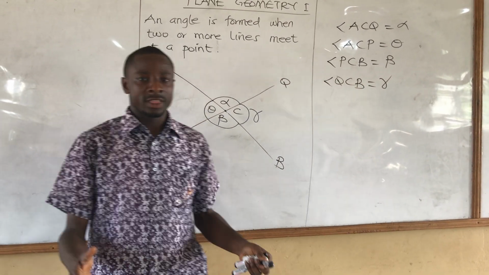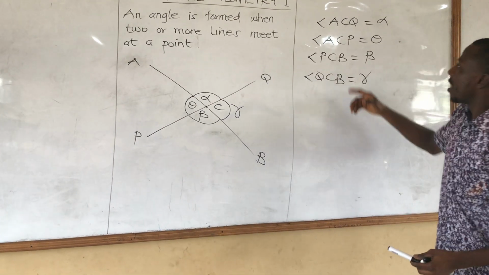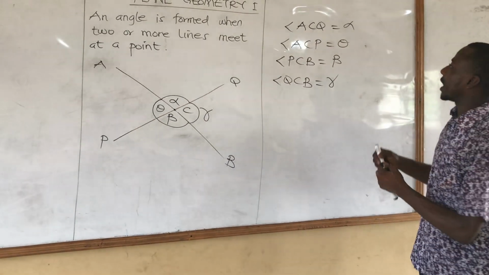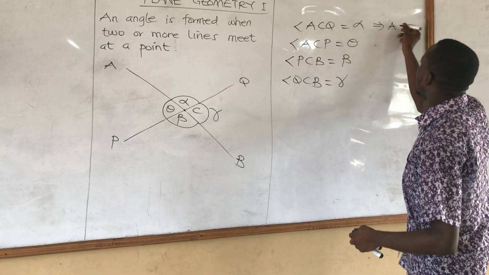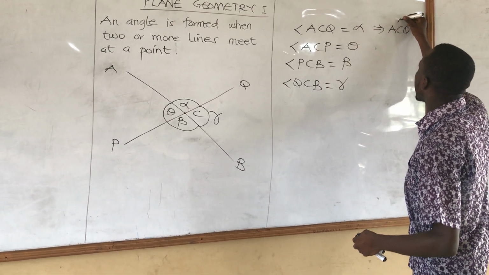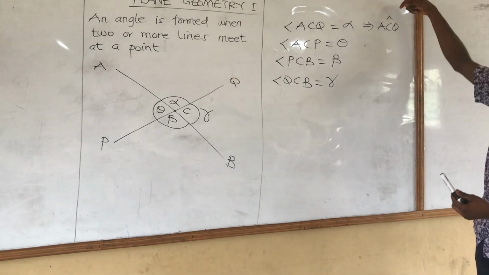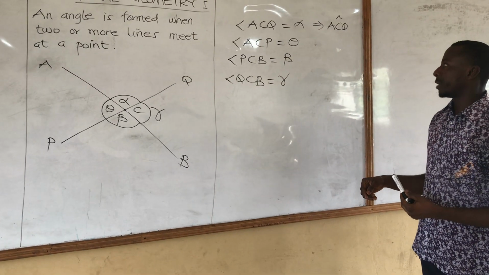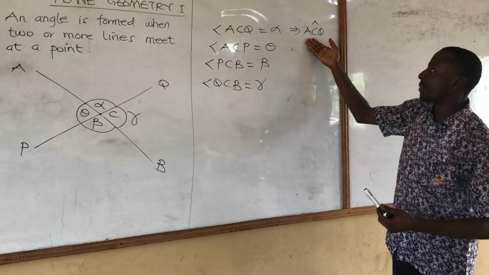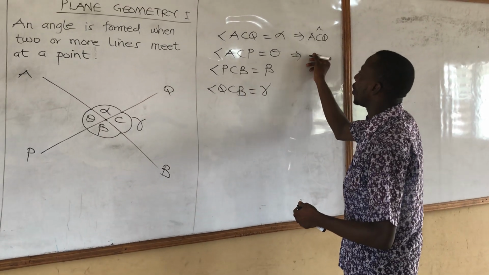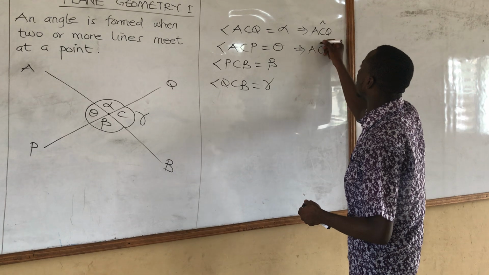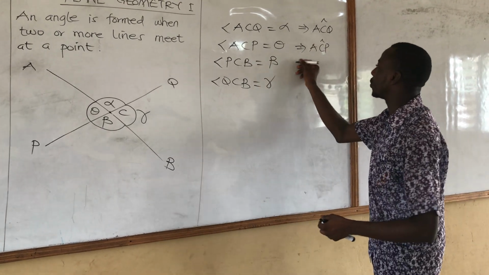Now we all know that sometimes we can also rewrite this angle as ACQ, where we have a cap on top of the middle variable. So this is also named as angle ACQ. In that case, we also have ACP like this, which means the same as what we have here.